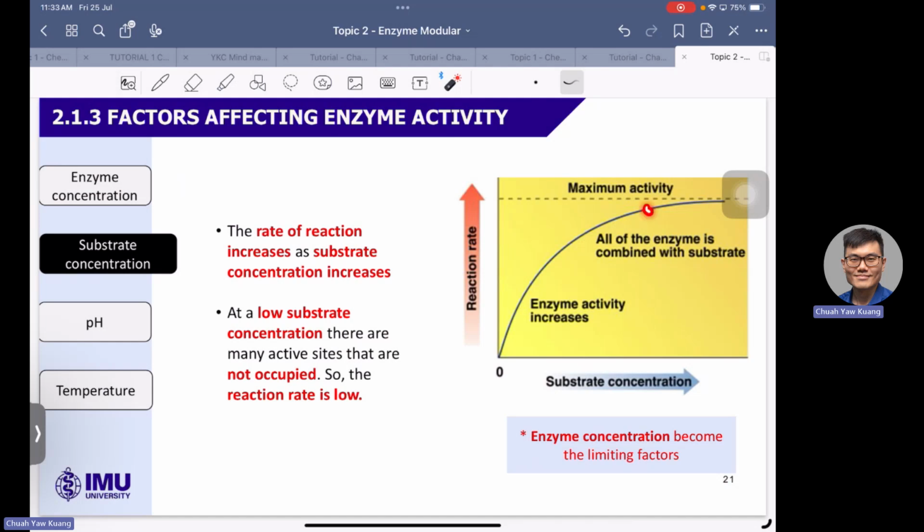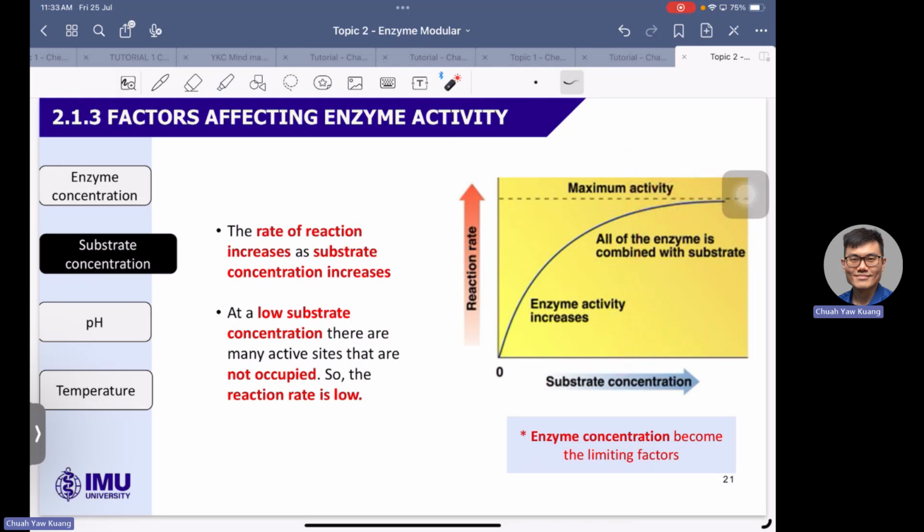Then point number 3, level off. When the graph levels off, or reaches the asymptote, it means that beyond this point, if you further increase the substrate concentration, the rate of reaction will stay the same. It will be stagnant.